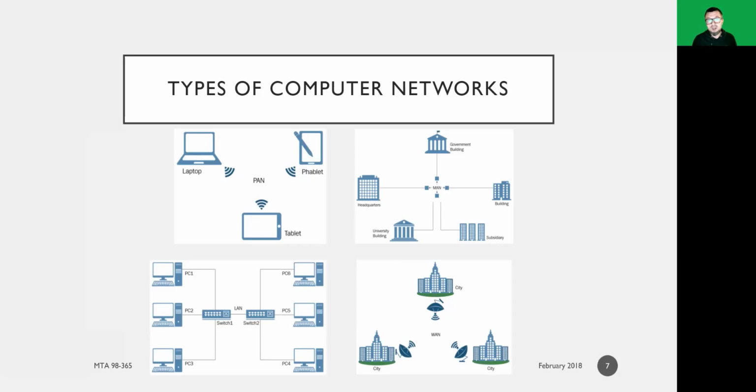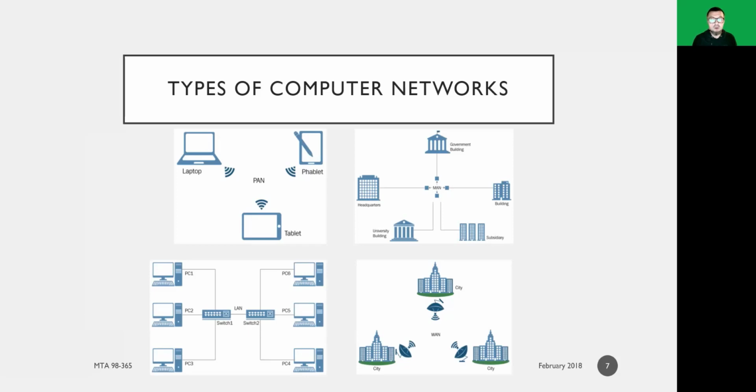Because you may have a laptop, a tablet, a smartphone, and a headset, and you're establishing an ad hoc wireless connection via Bluetooth or wirelessly among these devices, and therefore you have built this type of community network. So a personal area network belongs to one particular individual.